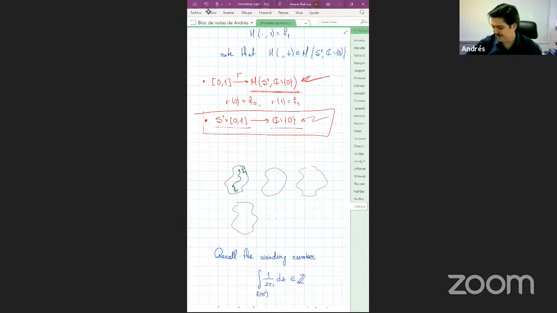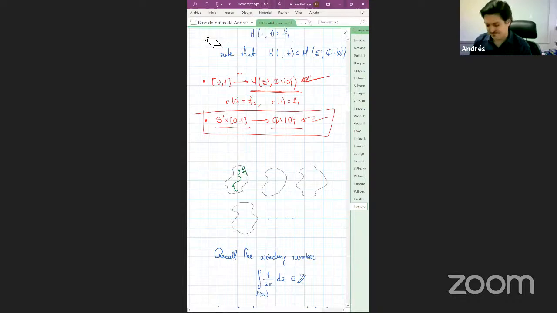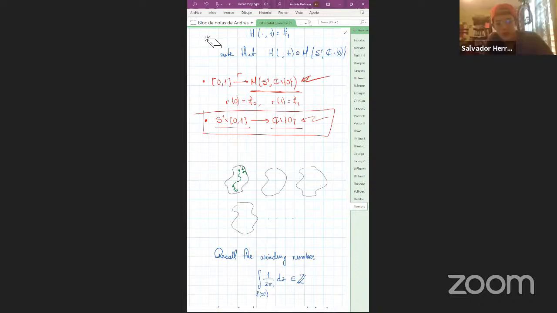I'm missing something here. This is incorrect. Sorry, come again? We need some point of reference. Right? Oh, okay.